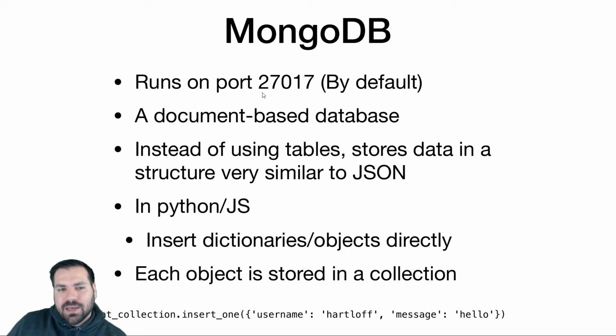But MongoDB, very similar in that it's going to run as a server, a TCP server, but it's going to listen to port 27017 by default. And again, I don't see any reason to change the default ports. Just use the default ports. This is based on documents, where the documents follow the same structure as JSON strings. So in a MongoDB database, if you have something that fits a JSON structure, you just throw it in the database, and then it stores it.